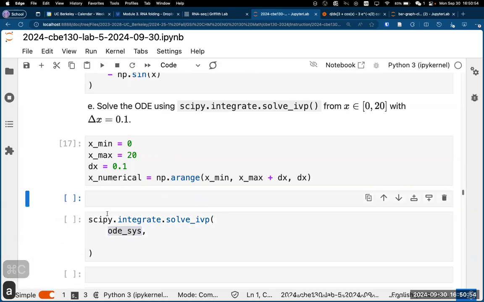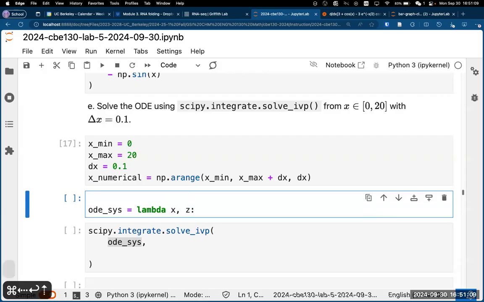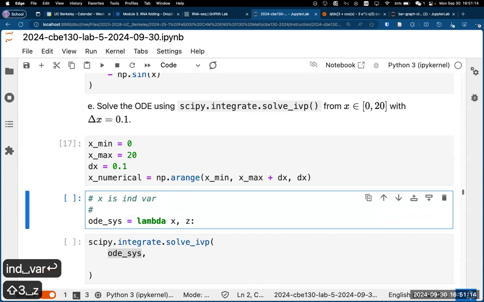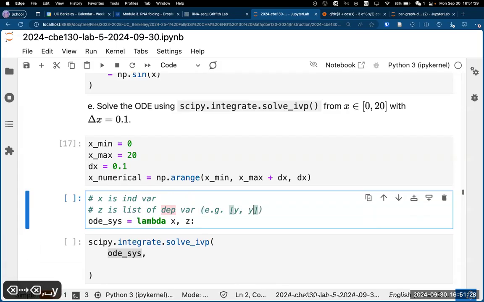The way we define the system of ODEs is, again, a lambda function that takes in the independent variable, which is x, and a vector of dependent variables, z. So here, x is the independent variable. z is a list of dependent variables. So for a second order ODE, it's y and y prime.